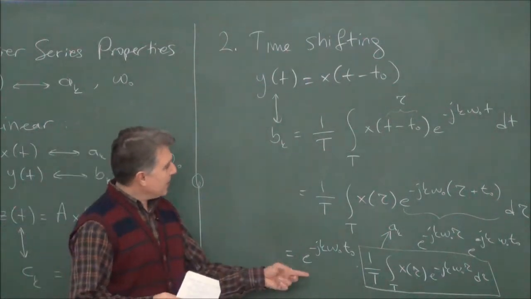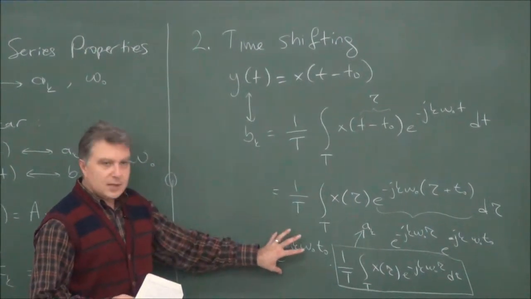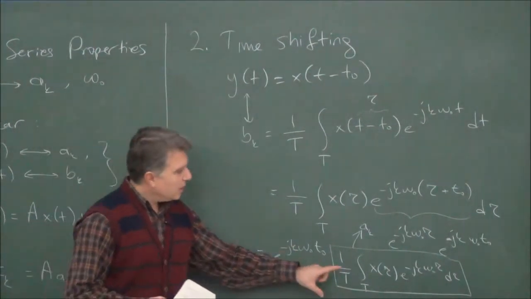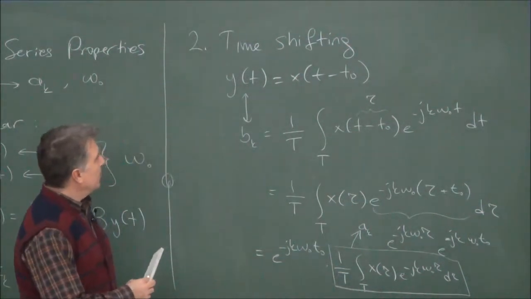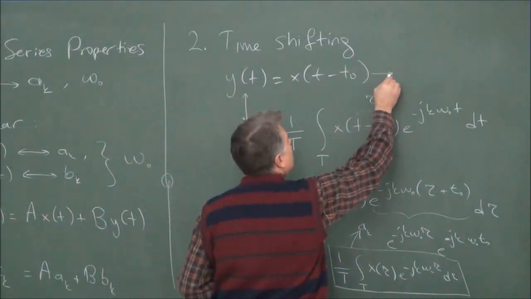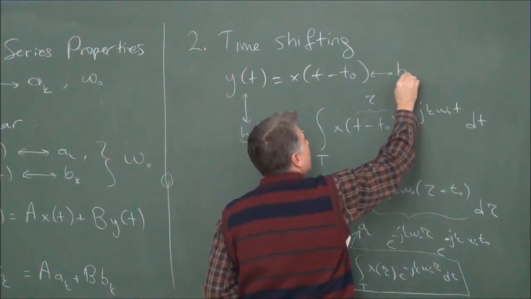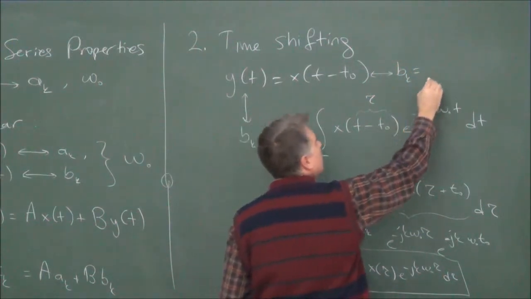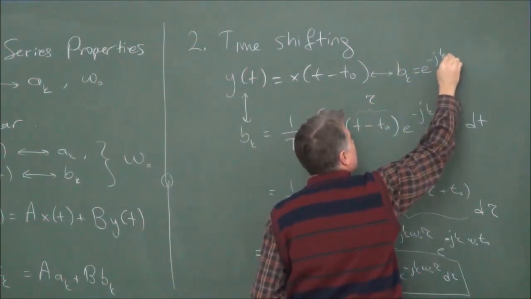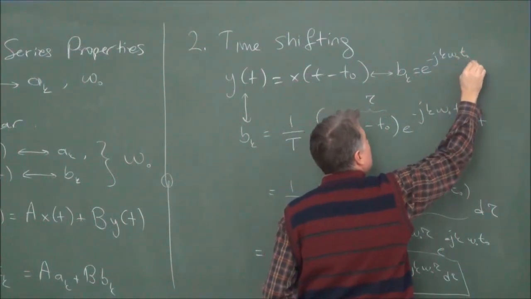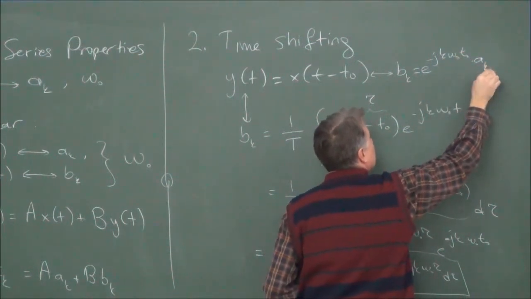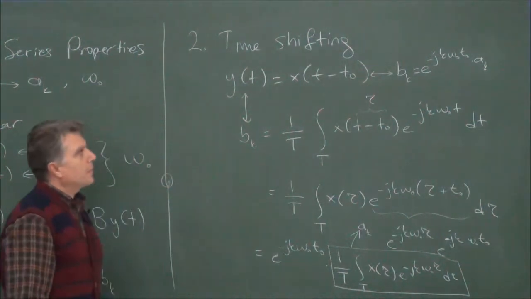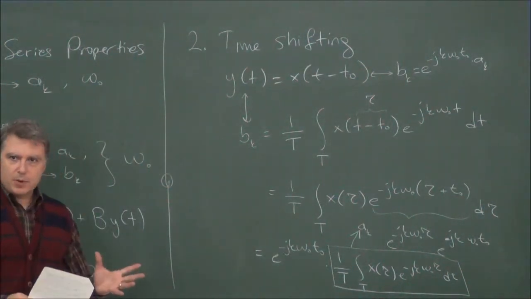So what did we have now? bk is equal to this exponential term times ak. So I'm going to write it like this. bk is equal to e to the minus jk omega 0 t0 times ak. This is a very useful property.